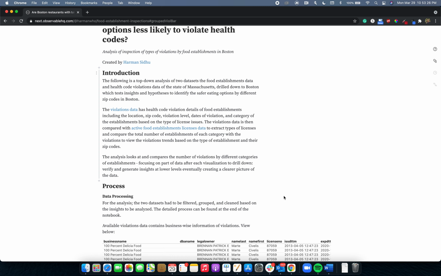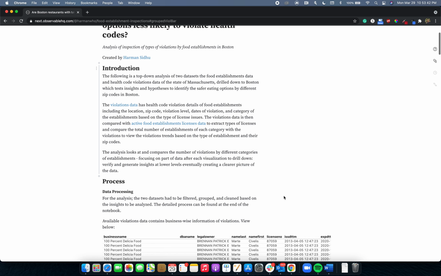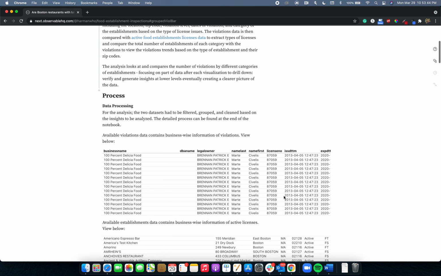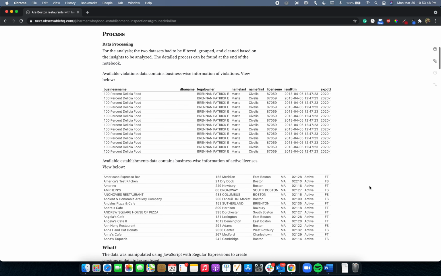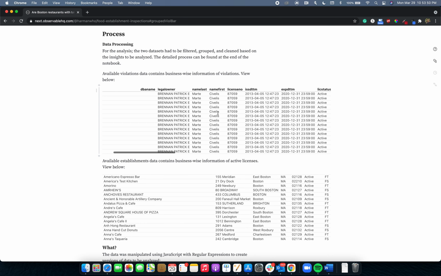The other data set is the health code violations data for the state of Massachusetts, but we will drill down into Boston to test the insights and hypotheses to see if we can answer the question above.